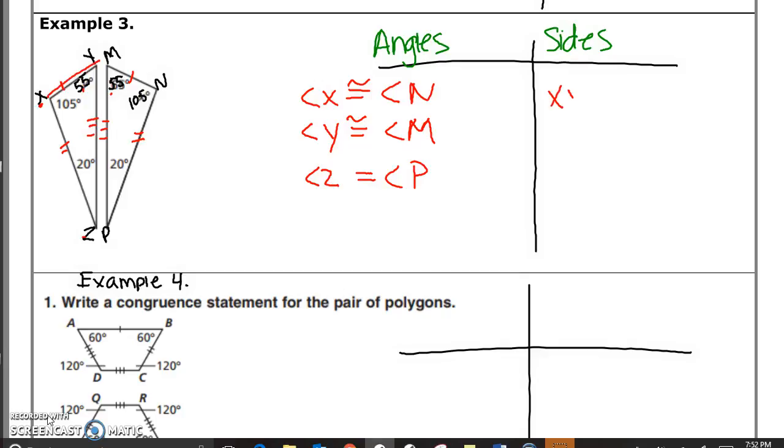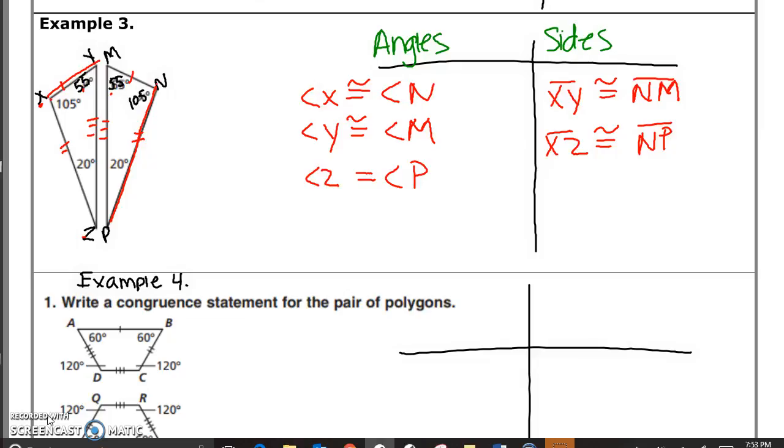So we have side XY is congruent to, X is the 105, and so is N. So N, M. And then going down with the 2, so 105, that's XZ is congruent to NP. Order matters here. Seriously, order matters.